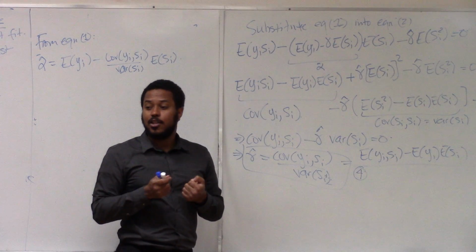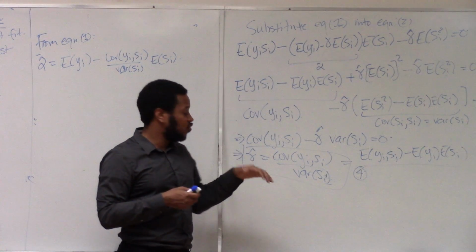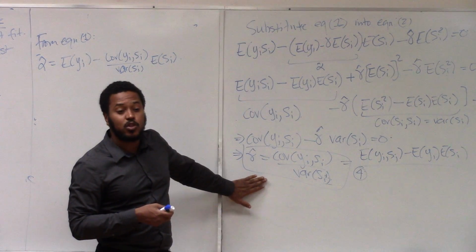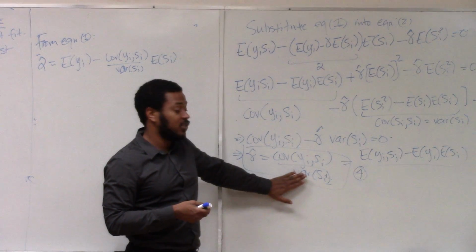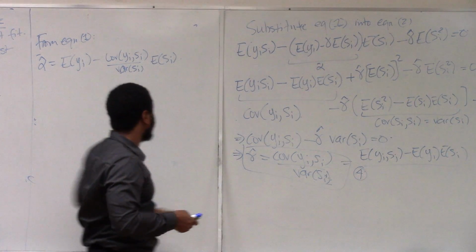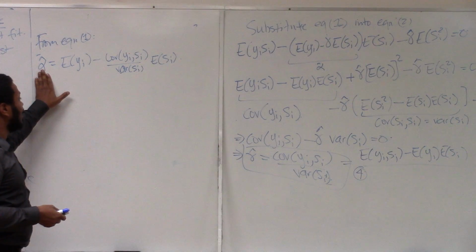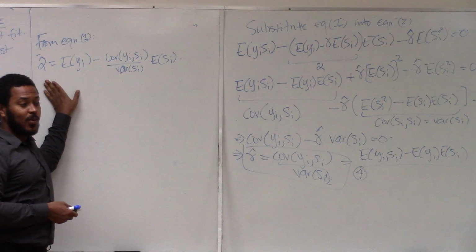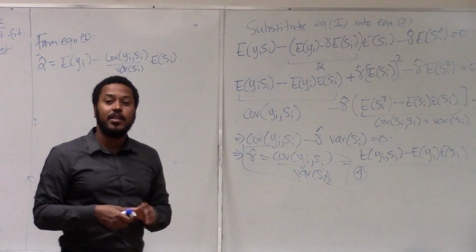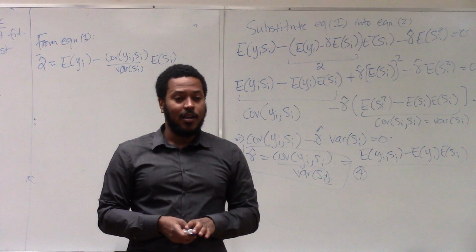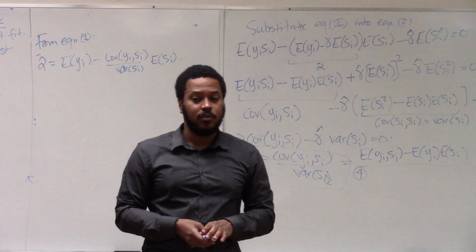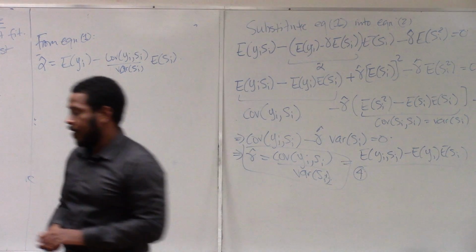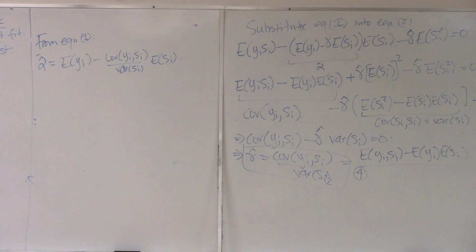Any data set with this structure, you know the slope is given by the ratio of the covariance to the variance, and the intercept is given by this expression here too. So this is telling you how we fit the model to the data. Okay, go ahead and ask questions.